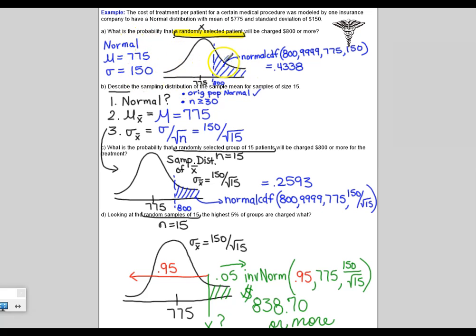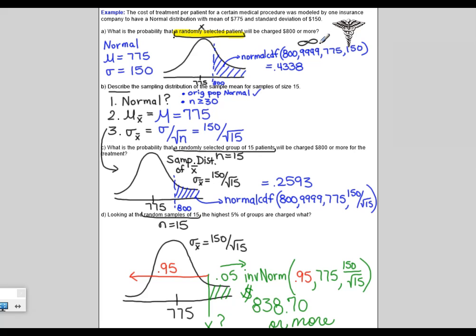We're just trying to find this upper tail, $800 or more. Because we're trying to find the area, we're going to use normal CDF from 800 up to infinity, which remember we use our 9999 number for infinity, with our mean and standard deviation that we're given, and we get 0.4338. So that is the probability that a single patient would be charged $800 or more.